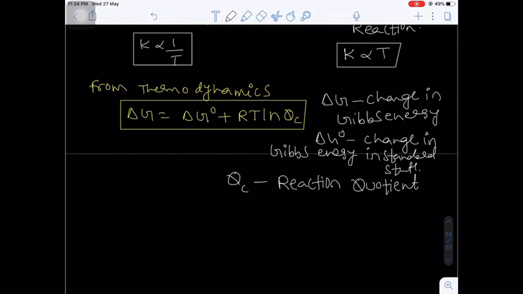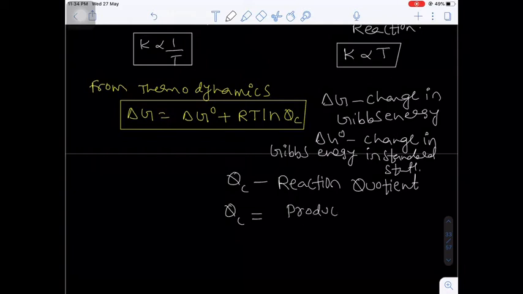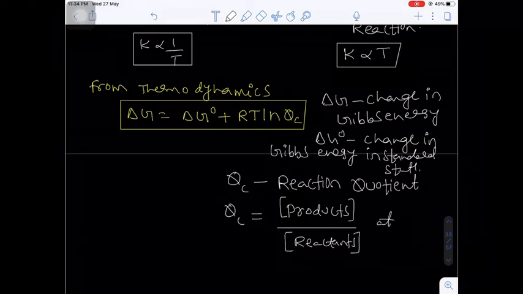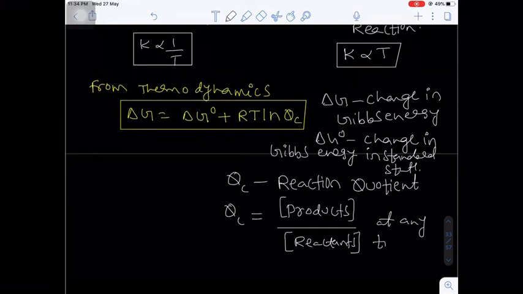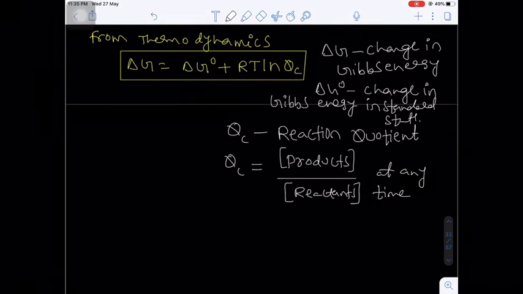It is nothing but simply like the equilibrium constant, that is the concentration of the products whole divided by the concentration of the reactants. But the condition here is at any time interval, at any time except equilibrium, this expression is called the equilibrium constant. Other than equilibrium condition, it is called the reaction coefficient.